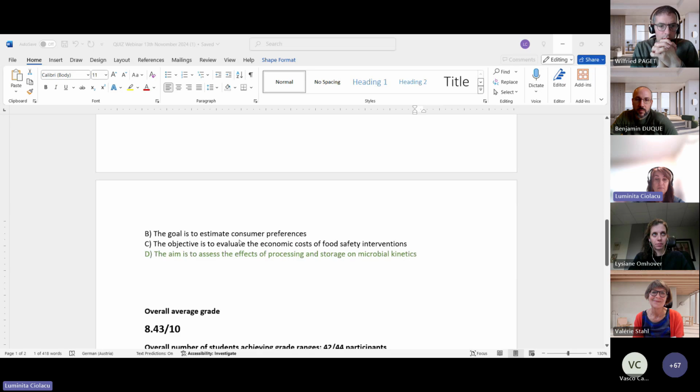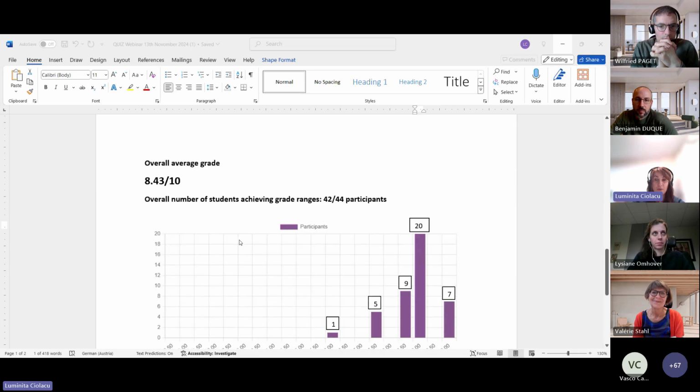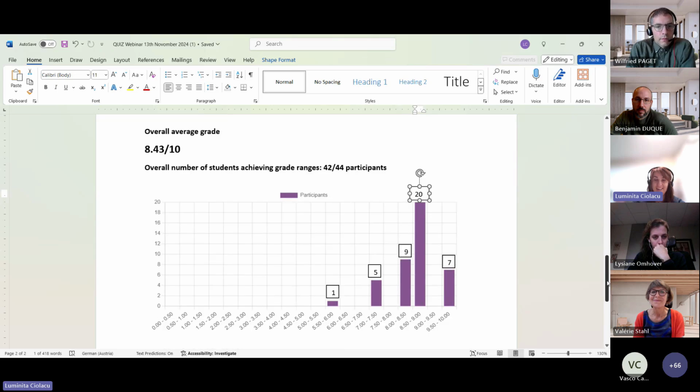According to the statistics from the Moodle platform, we have an average grade of 8.43 out of 10. The maximum was 10 and the average is 8.43, which I think is good. It's more than 8, which is the passing grade we have established for the quizzes also in the e-learning program. Here you can have a look at the grades.